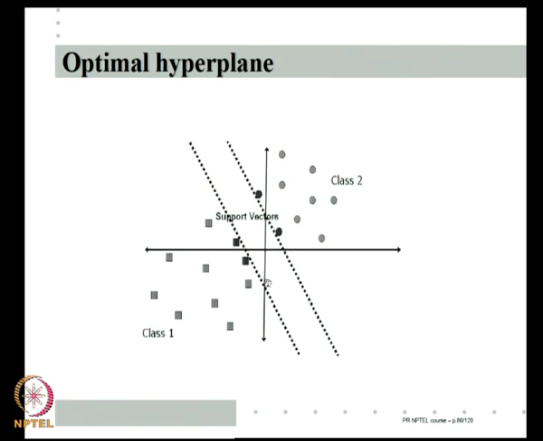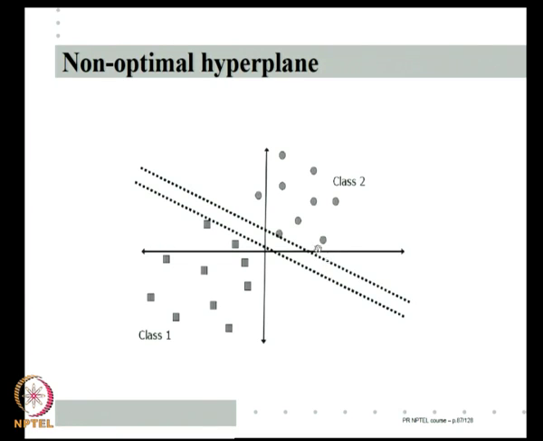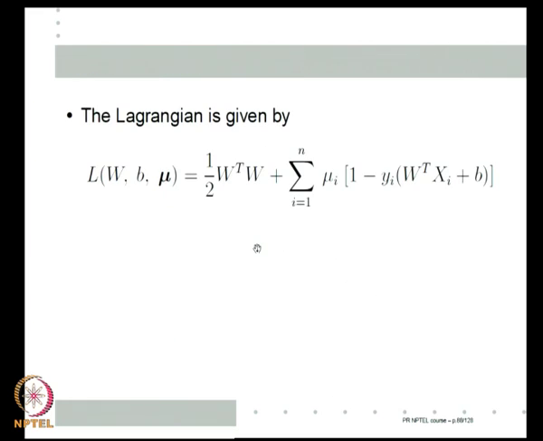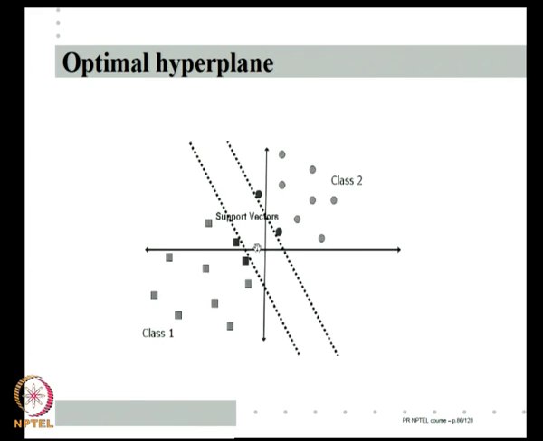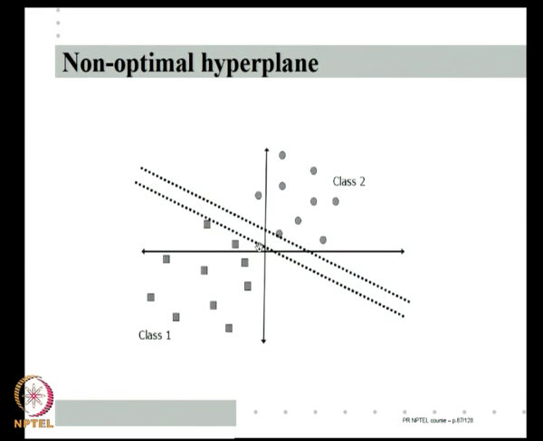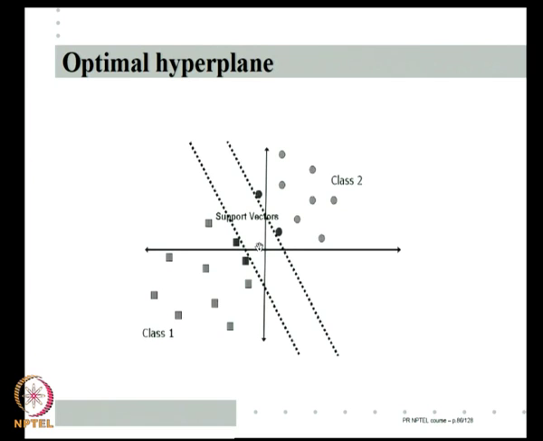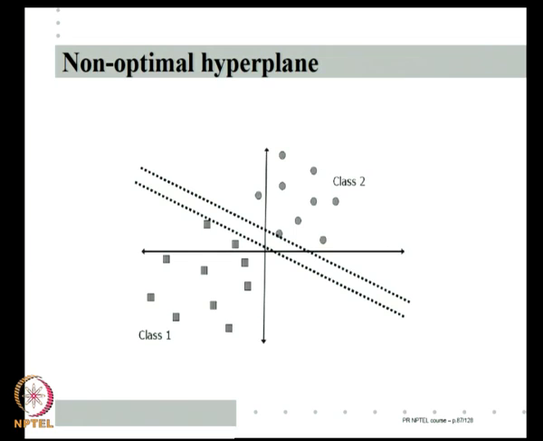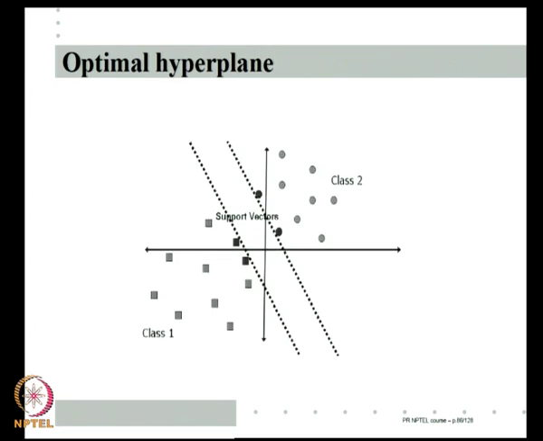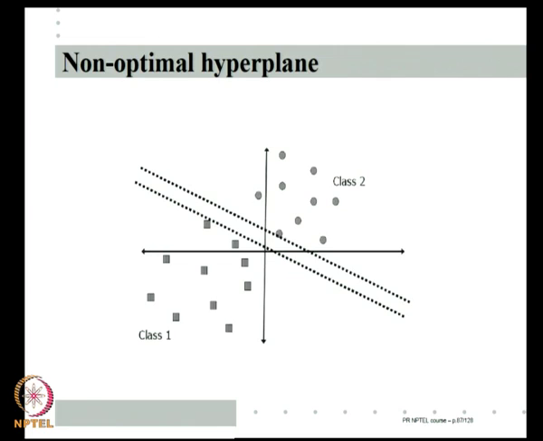So, in this direction I get so much margin. On the other hand, if I change my direction, there is only so much margin possible. So, this is a way of looking at what optimality means in terms of maximizing margin. A hyperplane in this direction has low margin, as a hyperplane in this direction has high margin. So, I am trying to find that separating hyperplane which has the higher margin.